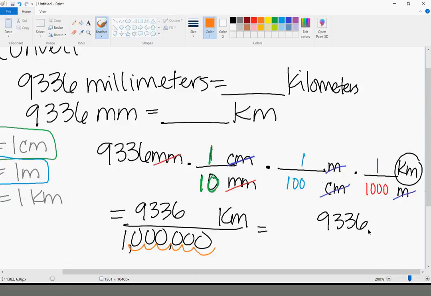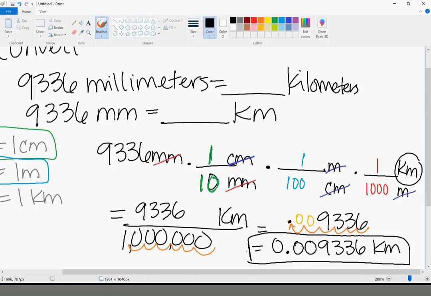Dividing this by 1 million is the same thing as moving the decimal 1, 2, 3, 4, 5, 6 times. Okay? So what does that end up being? So you need to put 0 placeholders there. So you would have 0.009336 kilometers. And that is your final answer.